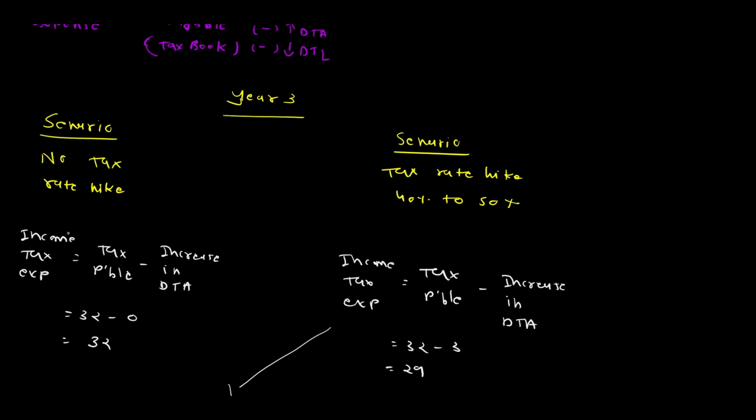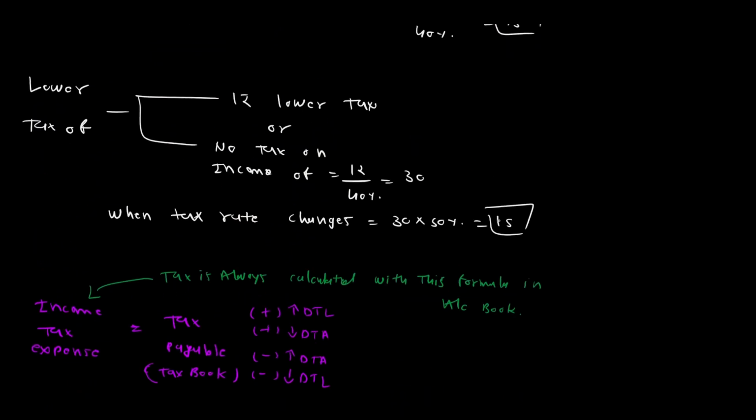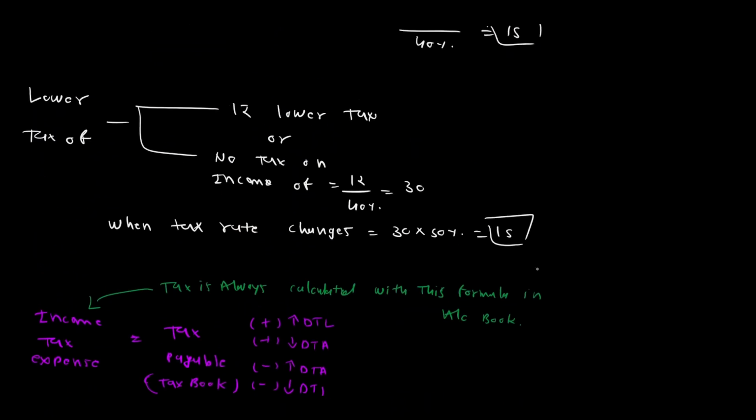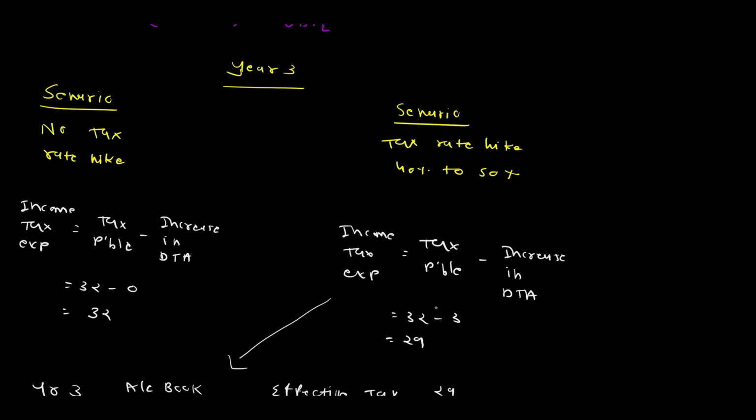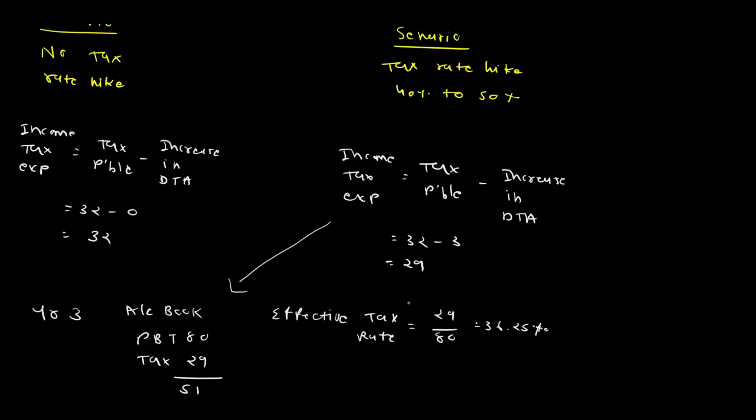So 32 would be my tax expense. But if the tax rate is hiked from 40% to 50%, I need to increase my DTA from 12 to 15. So 3 is my increase in DTA. If DTA increases, my tax expense will reduce. 32 minus 3, 29 will be my tax expense.